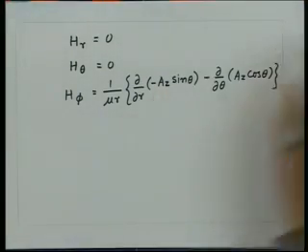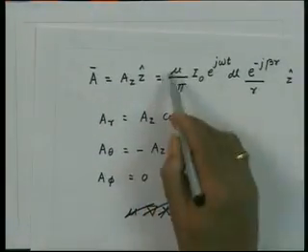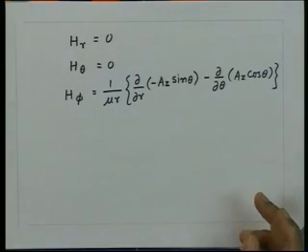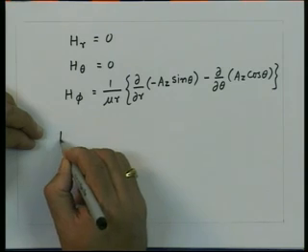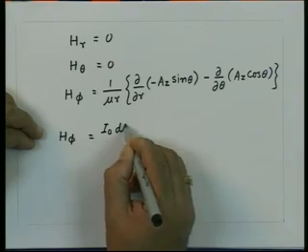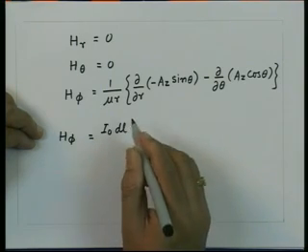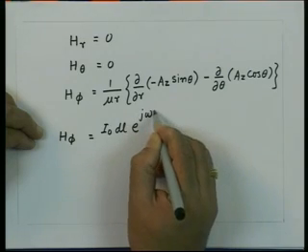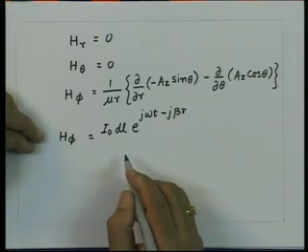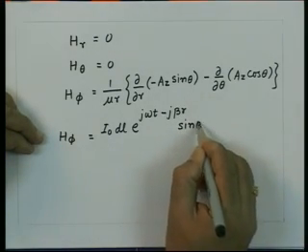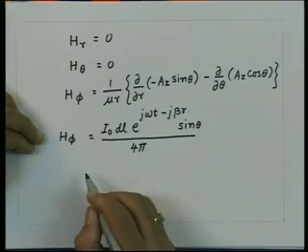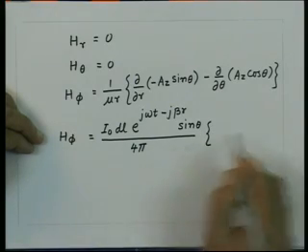Substituting now for A_z from here, and taking derivatives with respect to r and theta, we can get the magnetic field phi component, which is equal to I0 dl e to the power j omega t minus j beta r sin theta upon 4 pi r, or I can take r inside the bracket.